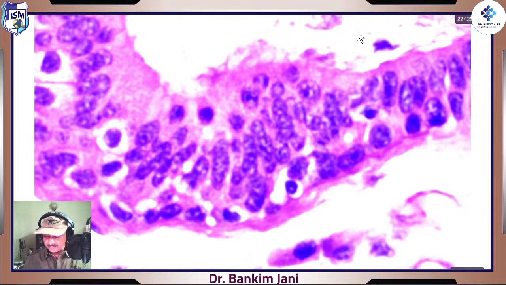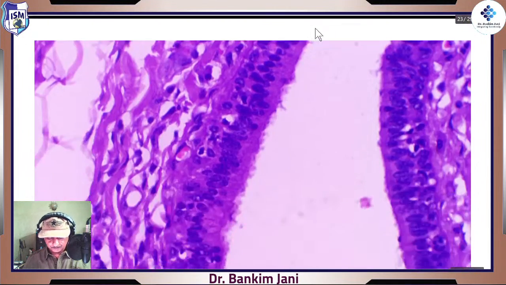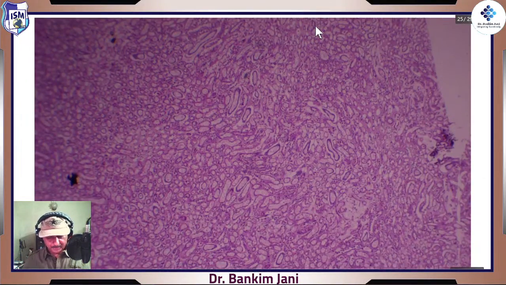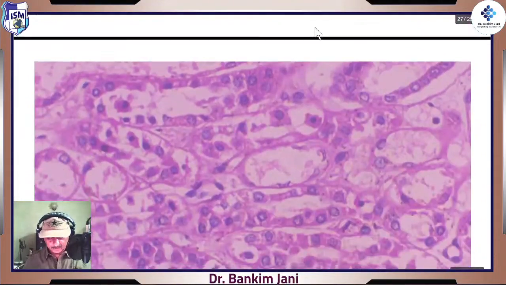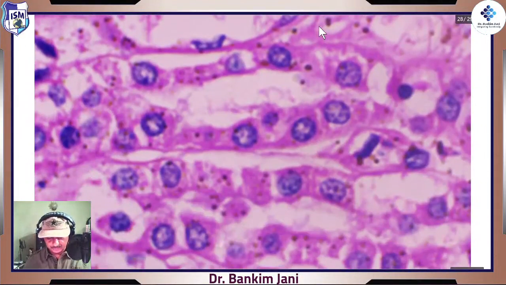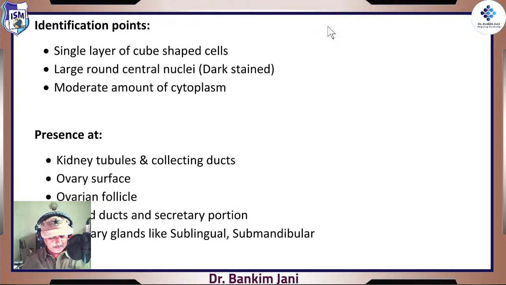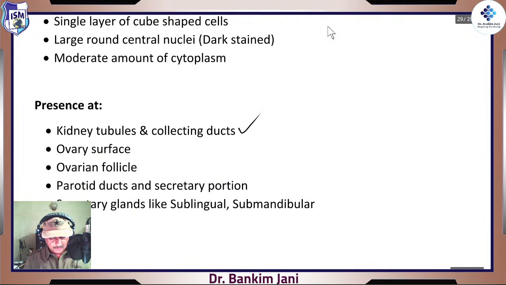And these were the kidneys, which we have already seen: a single layer of cube-shaped cells, large round central nuclei, moderate amount of cytoplasm, and ovarian follicles, parotid ducts, sublingual and submandibular ducts. No problems till this point, right?